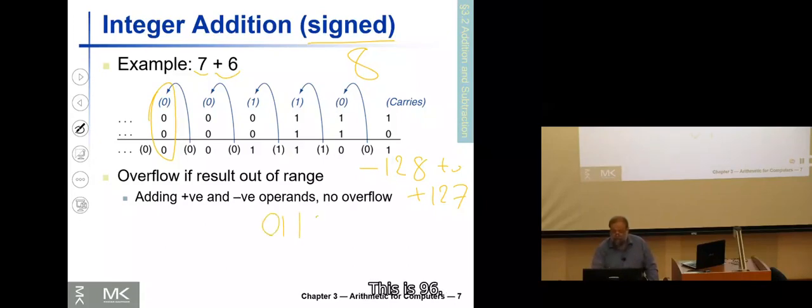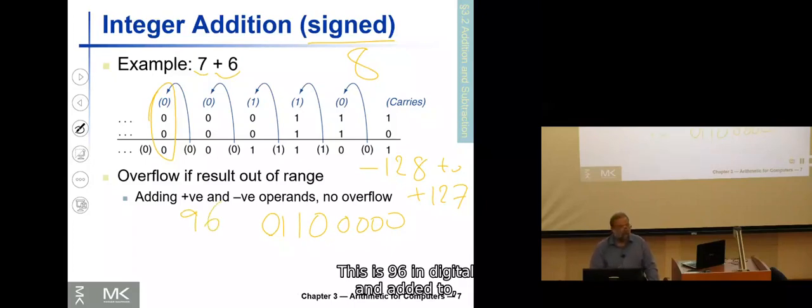So this is 96: 64 plus 32 plus 00000. This is 96 in digital. And added to, for example, 48. 48 is 32 plus 16.